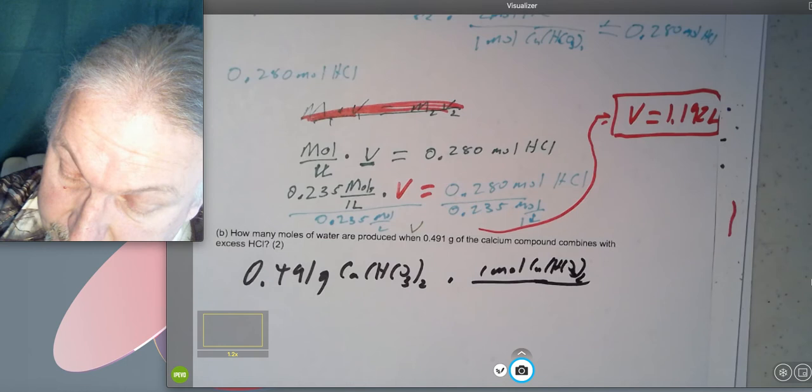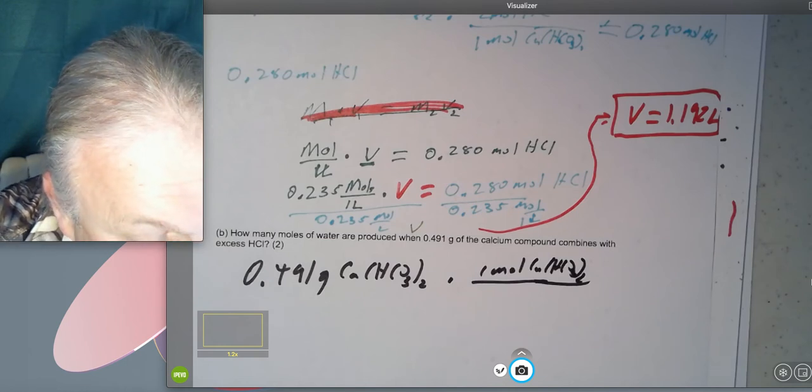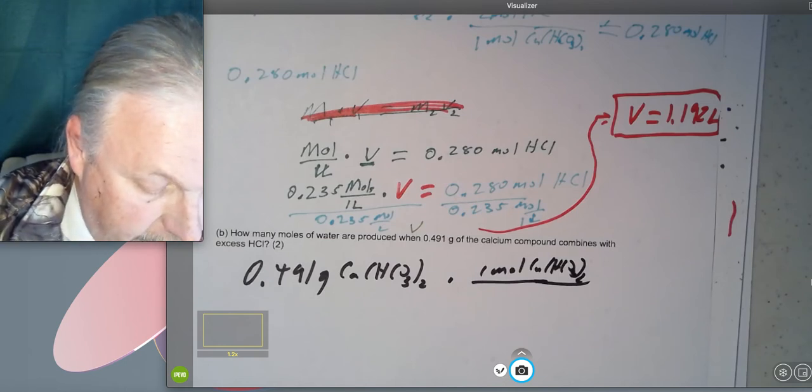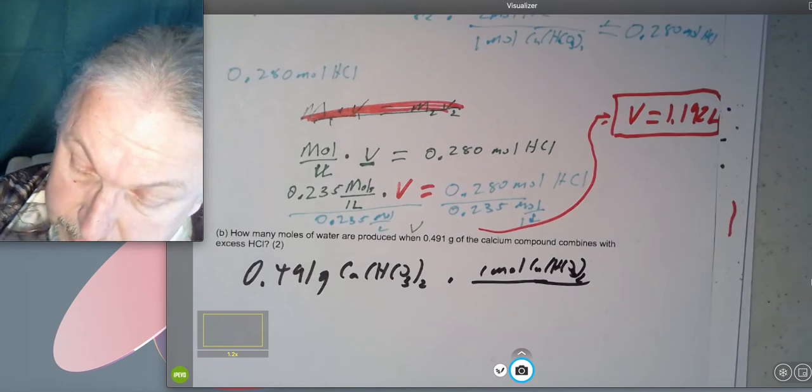So that means I've got to do the molar mass. Calcium has a mass of 40.08 grams, and I've got one of those.